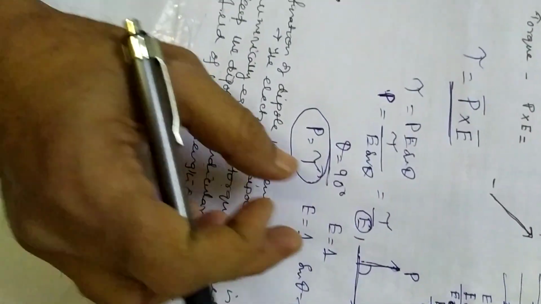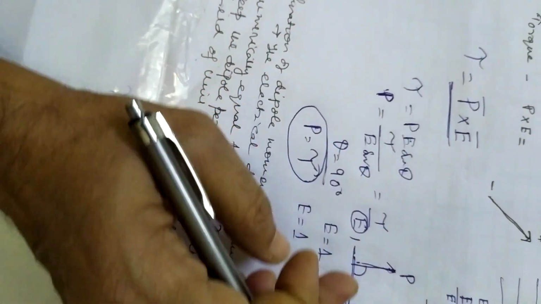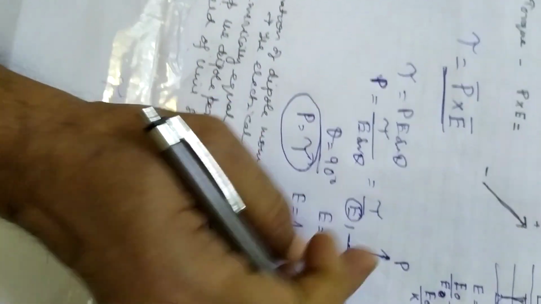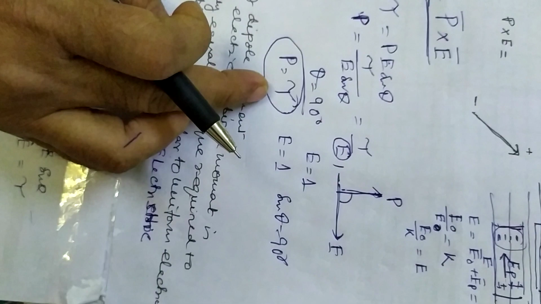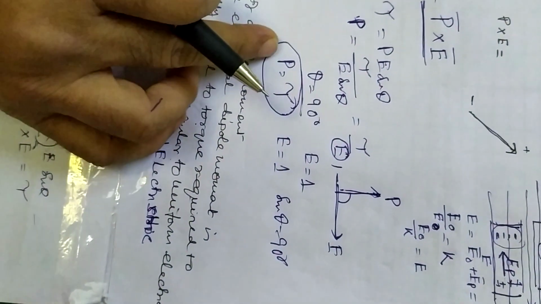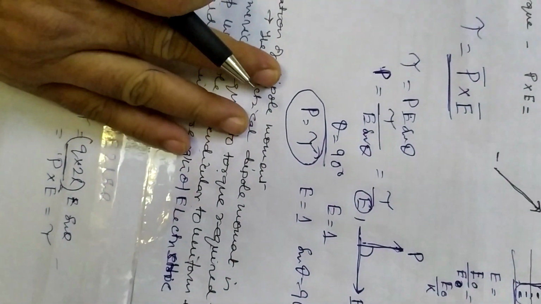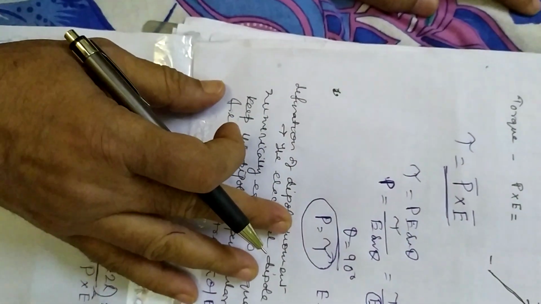So if the electric field and dipole moment remain at 90 degrees, then the torque will be equal to the dipole moment. Okay, so this is the definition of the dipole moment and P cross E.